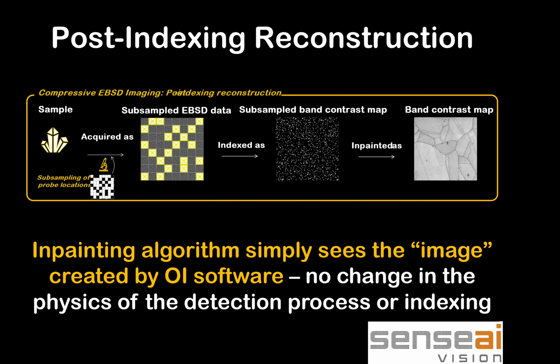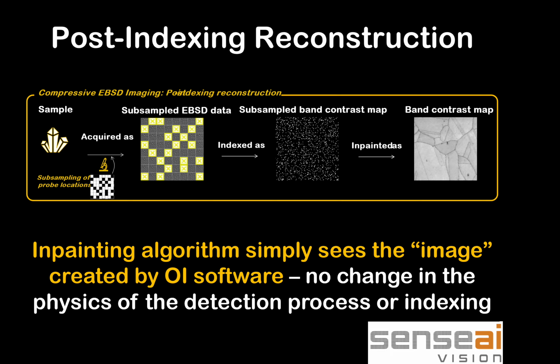All right, so first thing, post-indexing. To be clear in the process that we're going through here, the algorithm simply sees the image at this point. This image is created by the Oxford Instruments software.